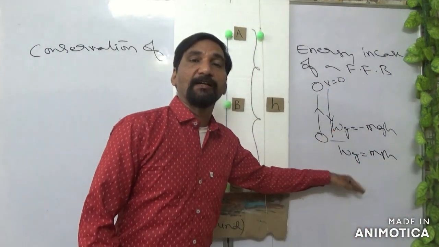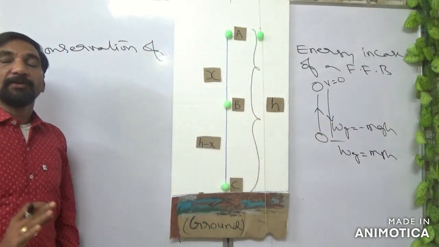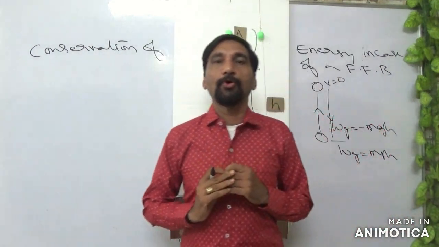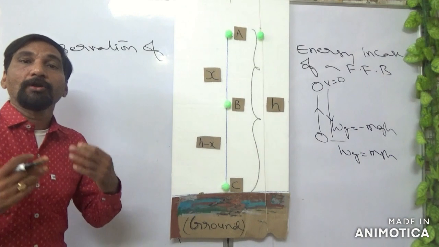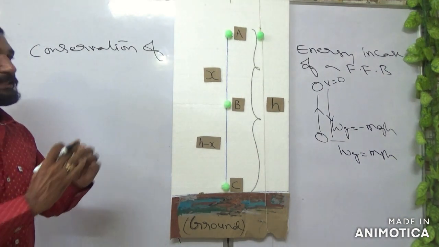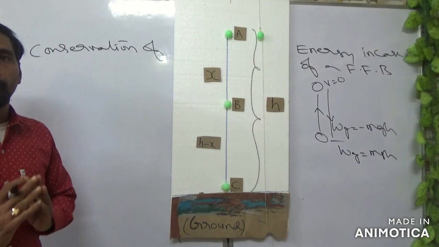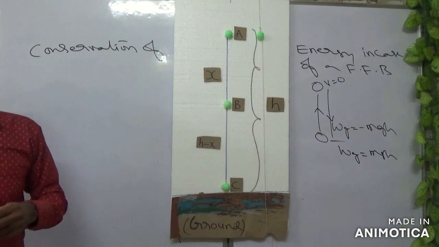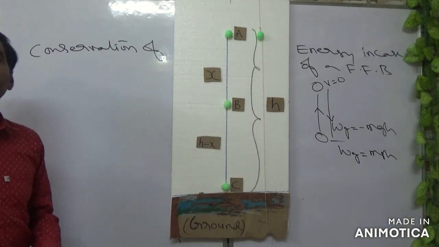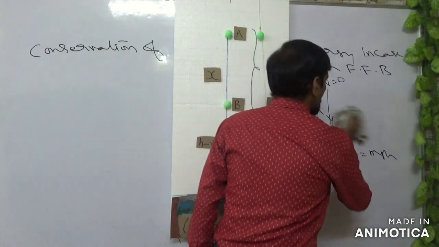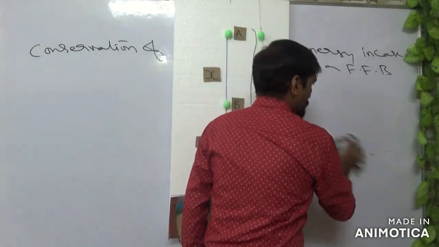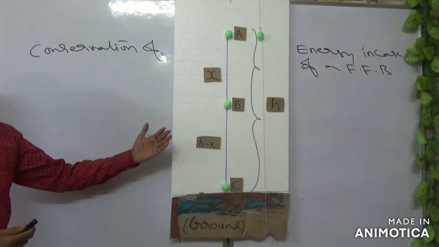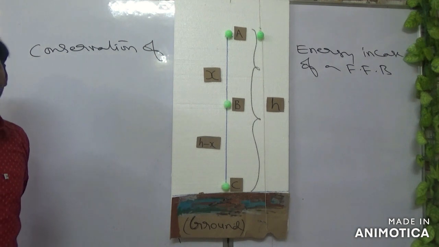Therefore, what is total work done? Zero. So remember, if work done by a conservative force like gravitational force, electrostatic force or spring force is zero, then we can say it follows conservation of mechanical form of energy. The mechanical form of energy means the sum of kinetic and potential energy.